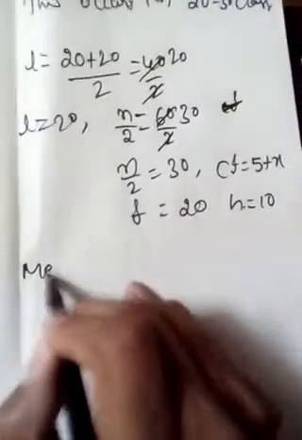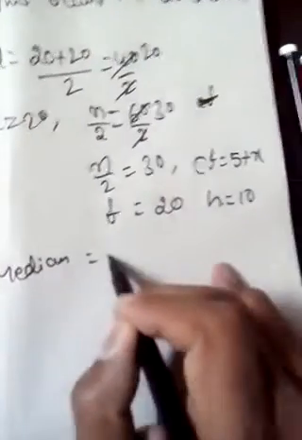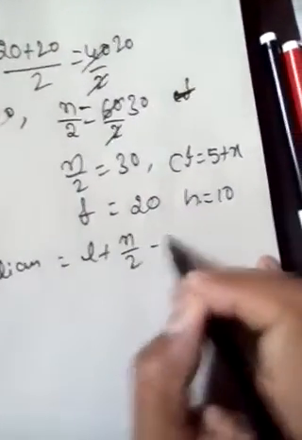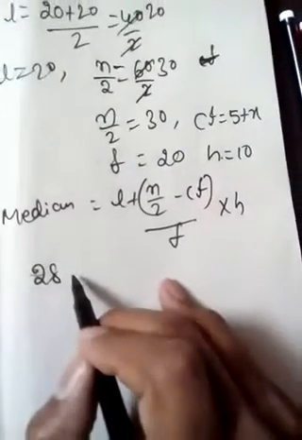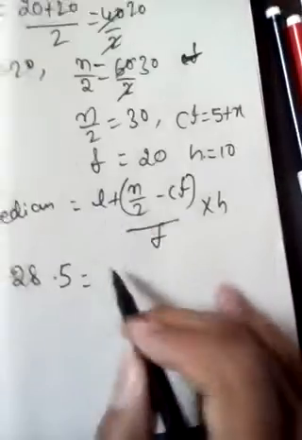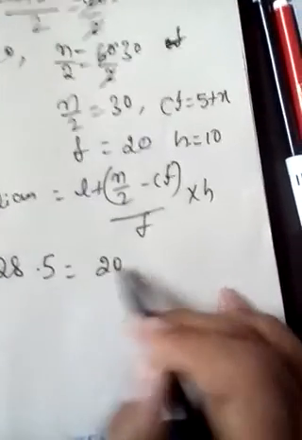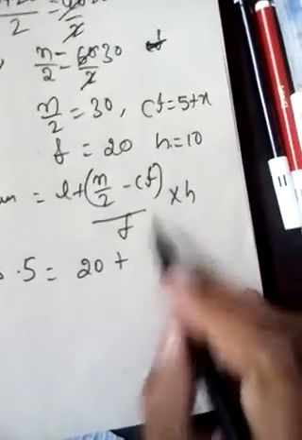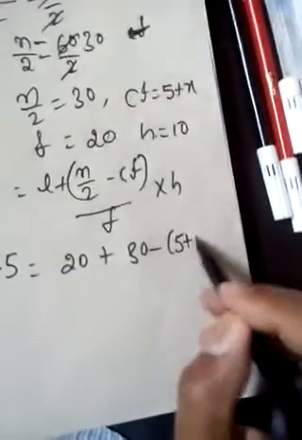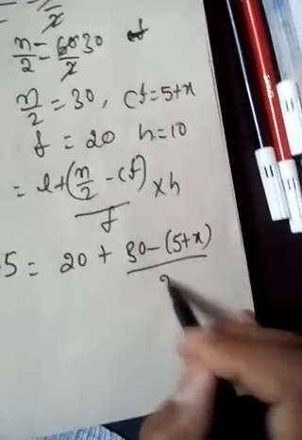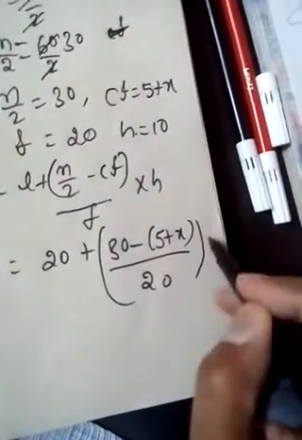So median is equal to L plus N by 2 minus CF by F, into H.